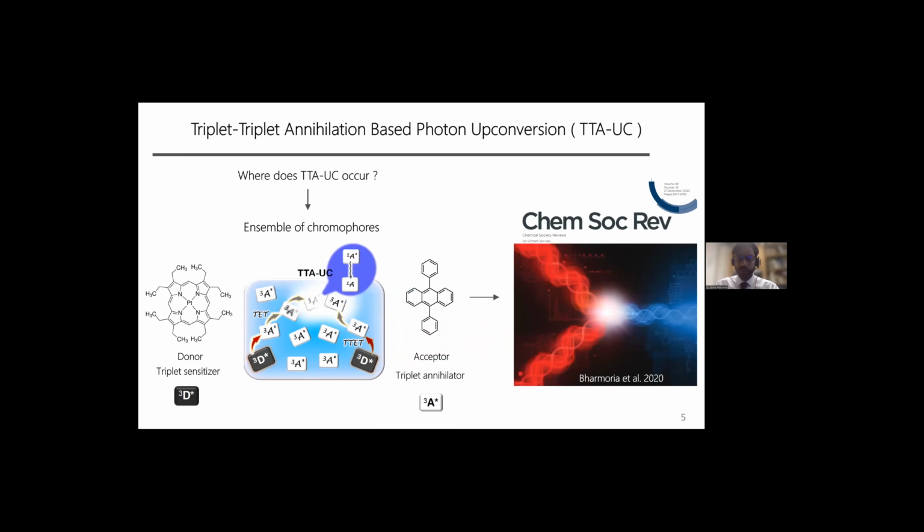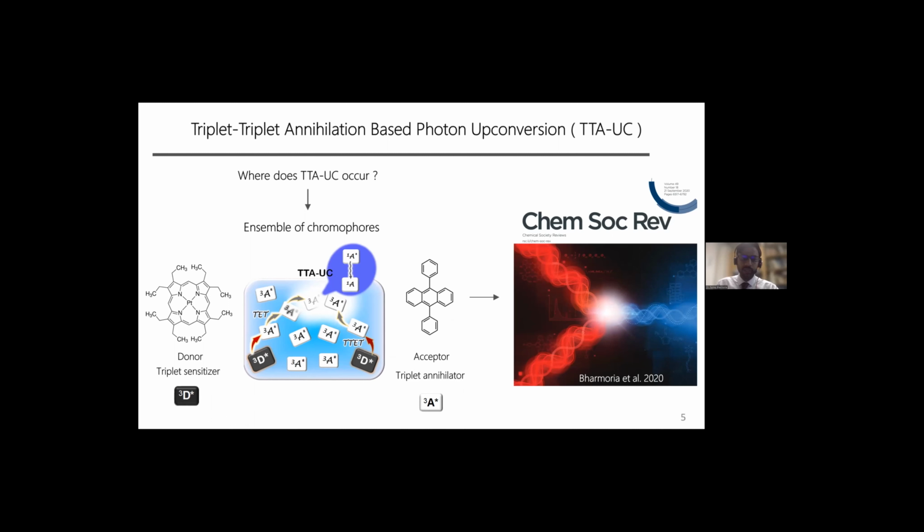The upconversion process that we are using is triplet annihilation based molecular photon upconversion. So what is that? In a TTUC system, it is an ensemble of chromophores comprising a triplet sensitizer and a triplet acceptor. The triplet acceptor is the one which has a non-emissive triplet state, whereas the triplet sensitizer or the donor is the one which has an emissive triplet state.